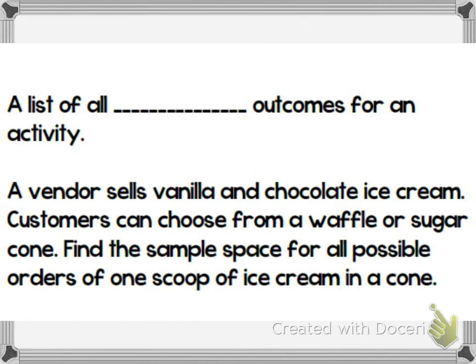So a sample space is a list of every possible outcome. A vendor sells vanilla and chocolate ice cream. Customers can choose from a waffle or sugar cone. So you can have a vanilla ice cream on a waffle cone, or you can have a vanilla on a sugar cone.